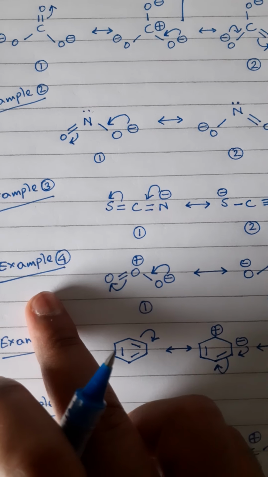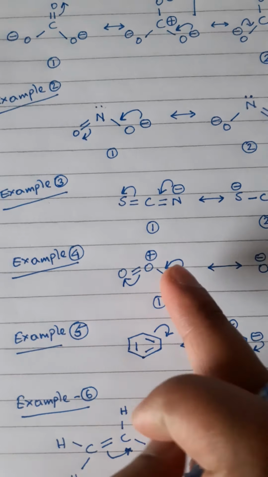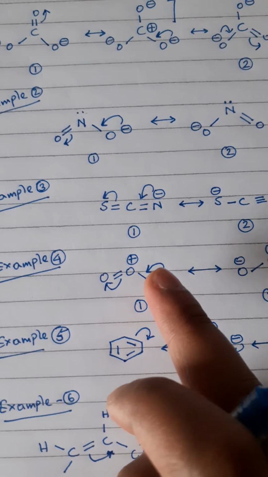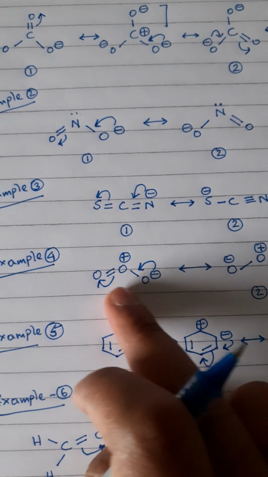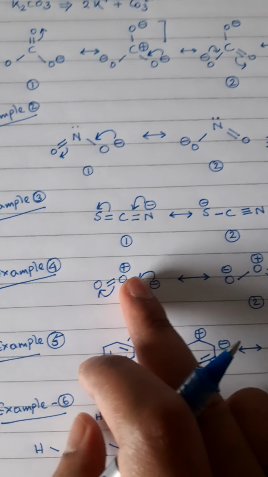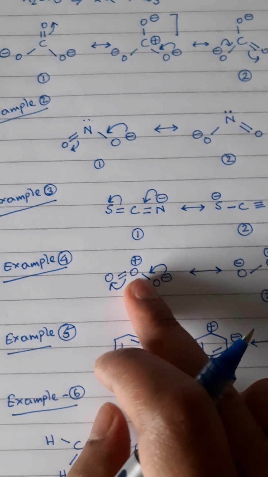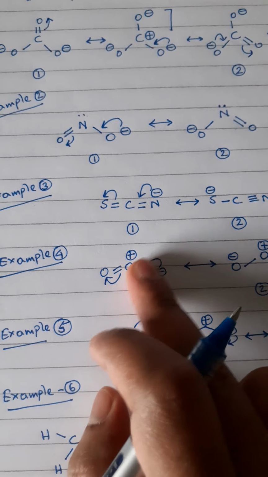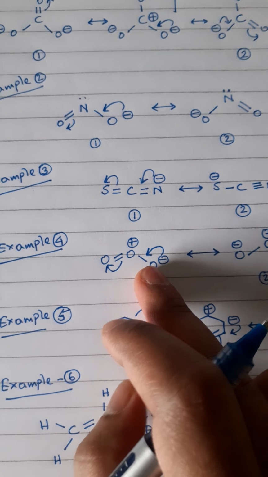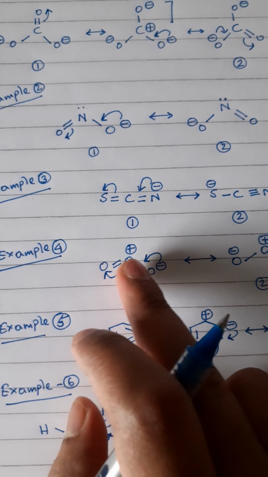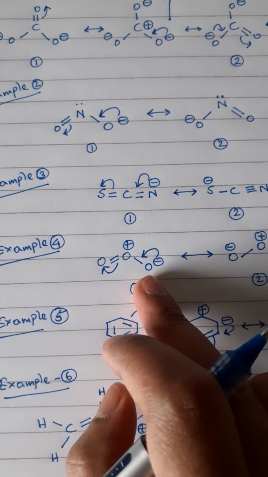The fourth example is this. This is called the ozone, found in the atmosphere, which is called the ozonosphere, and this ozone also goes to different canonical structures. So O3, oxygen double bond O, and then another oxygen.